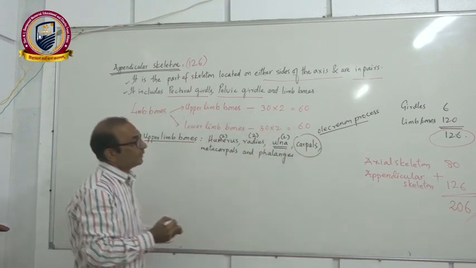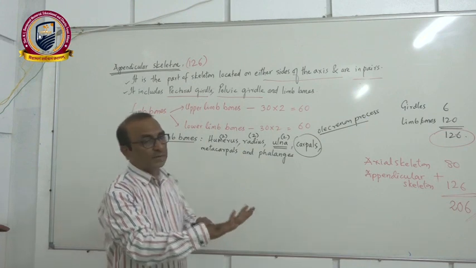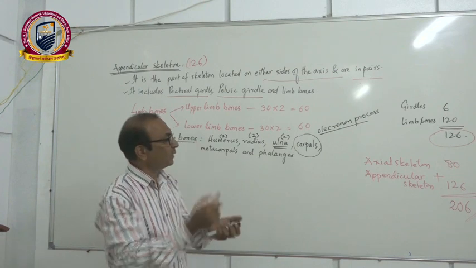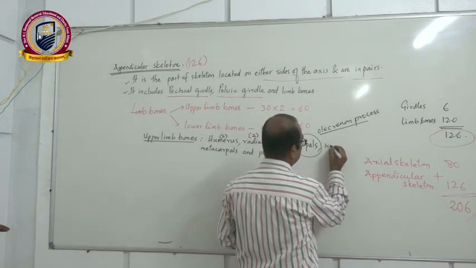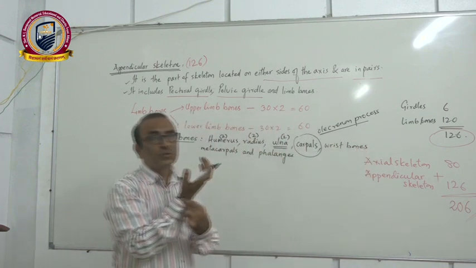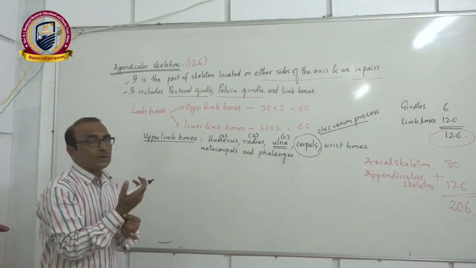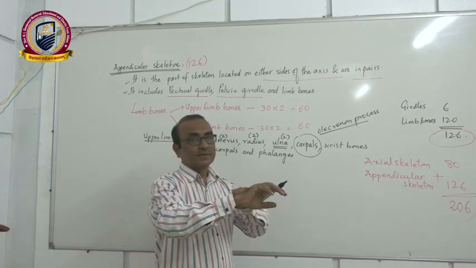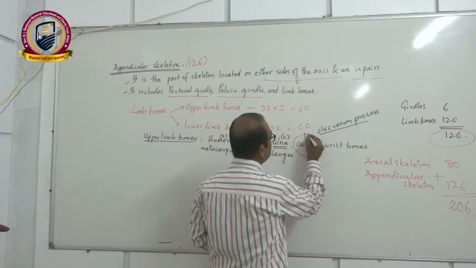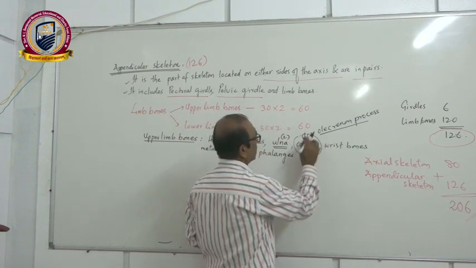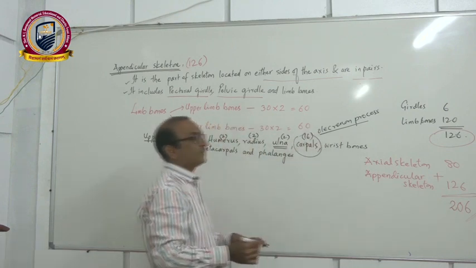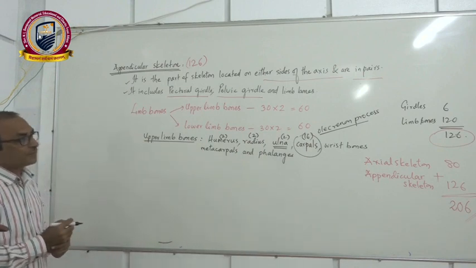Then carpals. Carpals are located in each arm in the wrist region, so they are called wrist bones also. There are about 8 carpals in each. So we have 2 arms, 8 plus 8, total 16 carpals together in 2 arms.